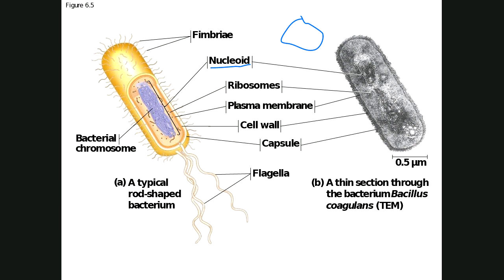Pro means before, well, it has a lot of meanings, but in this context it means before. And kary, K-A-R-Y, is a scientific word we use for nucleus. So literally prokaryotes, those two domains, bacteria and the archaeans, are prokaryotes. They do not have a nucleus.